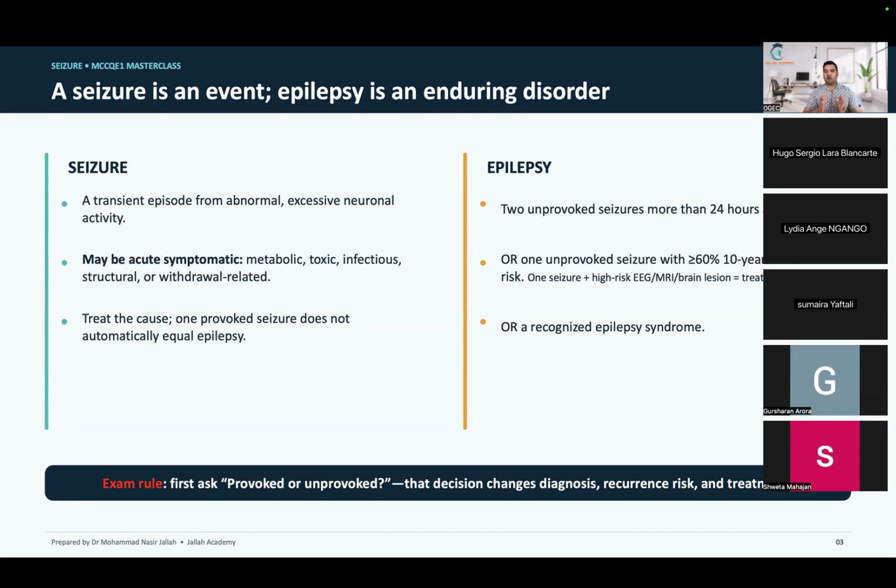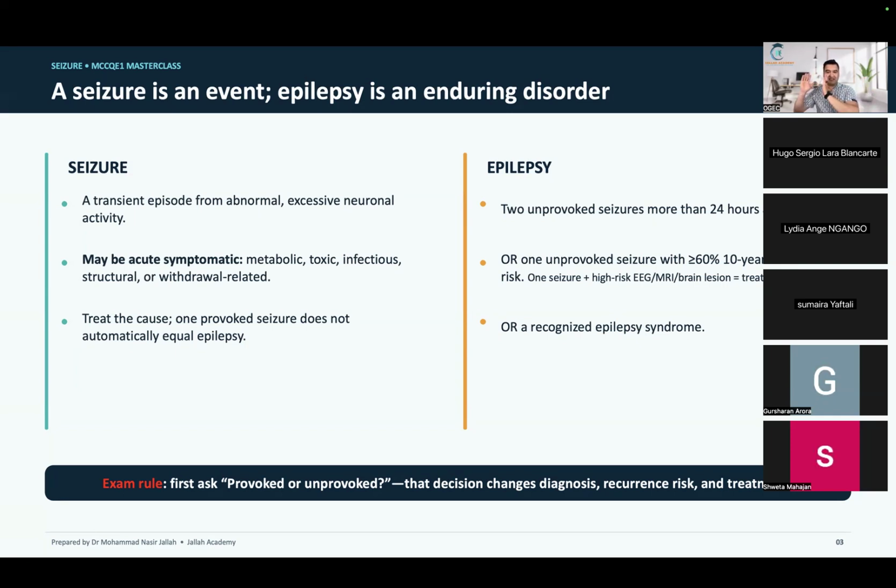Or 1 unprovoked seizure with 60% or more 10-year recurrence risk, meaning 1 seizure with a high risk on EEG, MRI, or brain lesion. For example, the patient has developed a seizure. 1 seizure is not epilepsy, right?